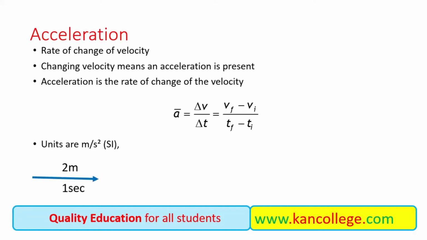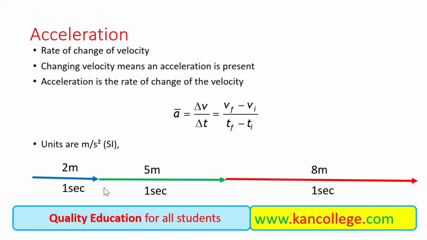And graphically we can draw it. If the body has a velocity of 2 meter per second, and in the next second it changes velocity to 5 meter per second, then it has increased its velocity in 1 second from 2 to 5. It means it has an acceleration of 3 meter per second.